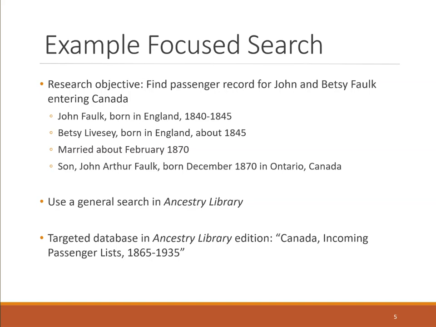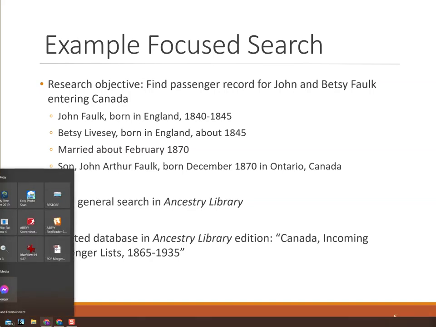So I want to find the passenger record and entry record between February and December 1870. Let's try it with a general search, and then we'll go back and search Ancestry Library using a specific Canada incoming passengers list. I'll go through the steps to show you that.